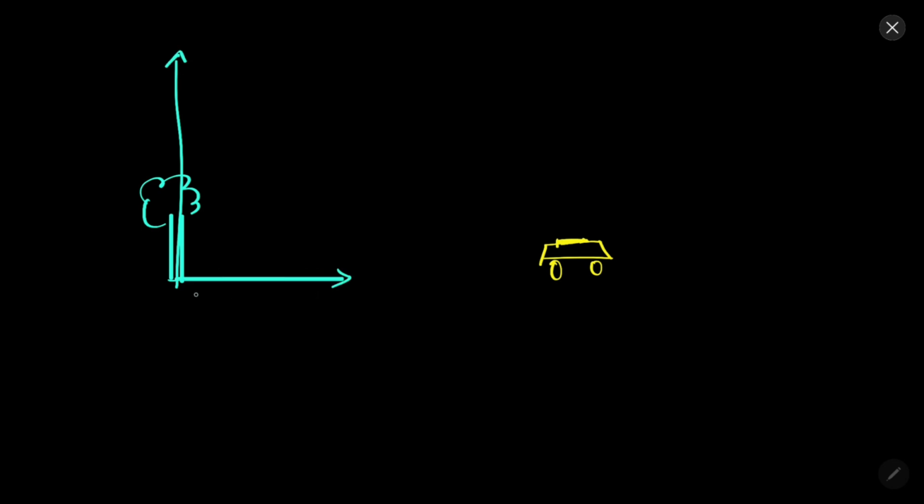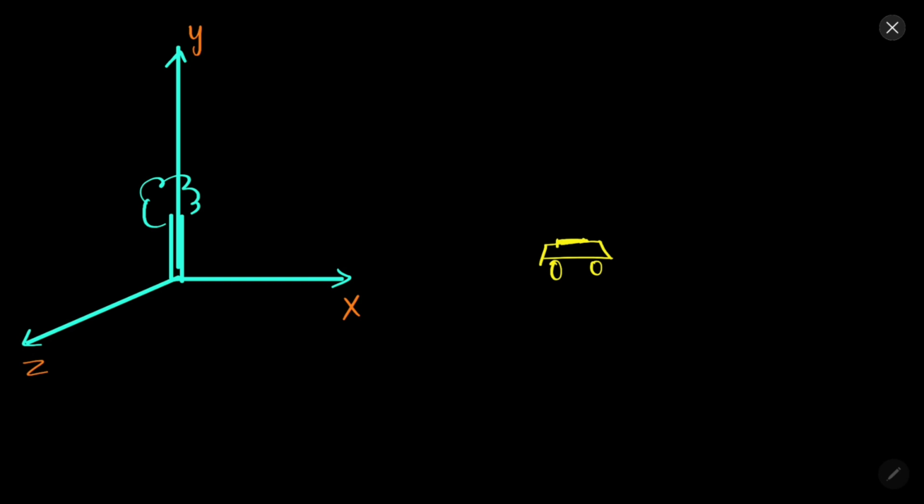Let's say this is a tree, and here we have a vehicle. Now let's take a frame of reference through different axes. Let's say one axis is here, and this is the x, y and z axis.